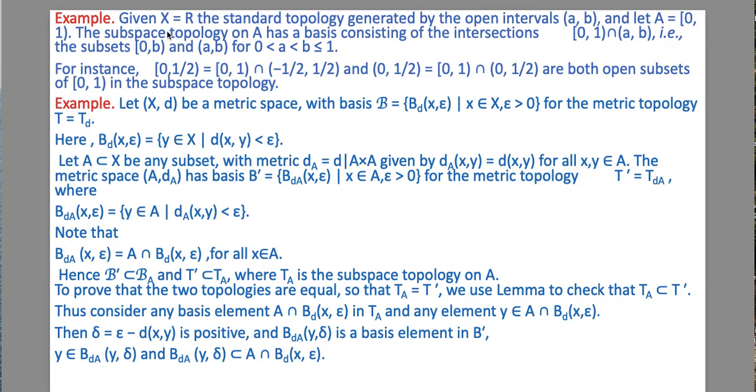We have an example. Suppose X is equal to R with the standard topology generated by the open intervals (a, b). Let A be equal to [0, 1), which means it is closed at 0 and open at 1. The subspace topology on A has a basis consisting of the intersections [0, 1) ∩ (a, b). Here (a, b) is an open interval.